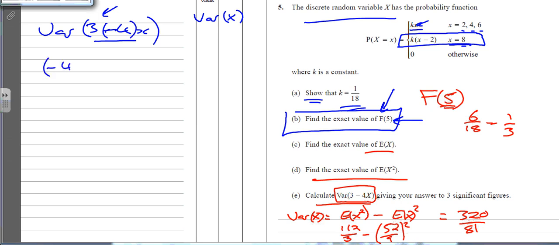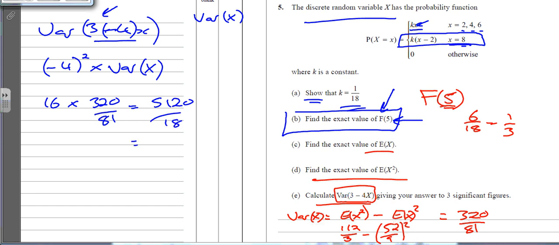So we do minus 4 squared times the variance of x. That's 16 times 320/81, which equals 5120/81. It says to 3 significant figures, which is going to be 63.2.